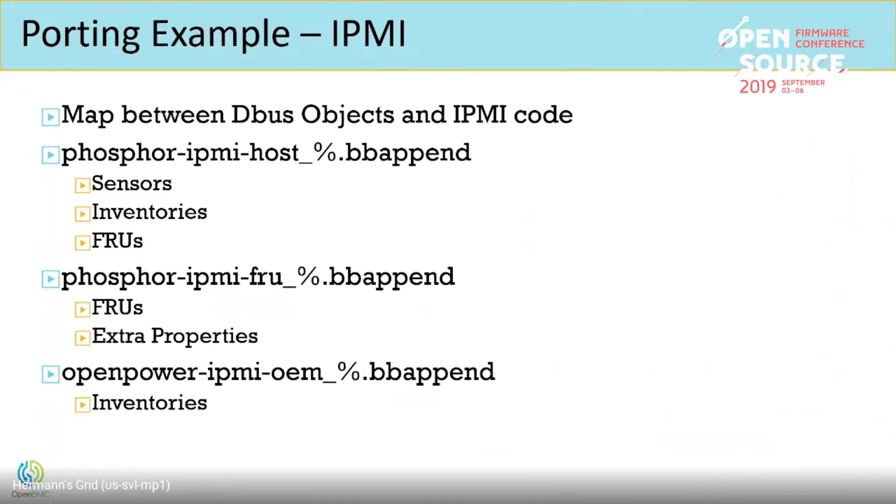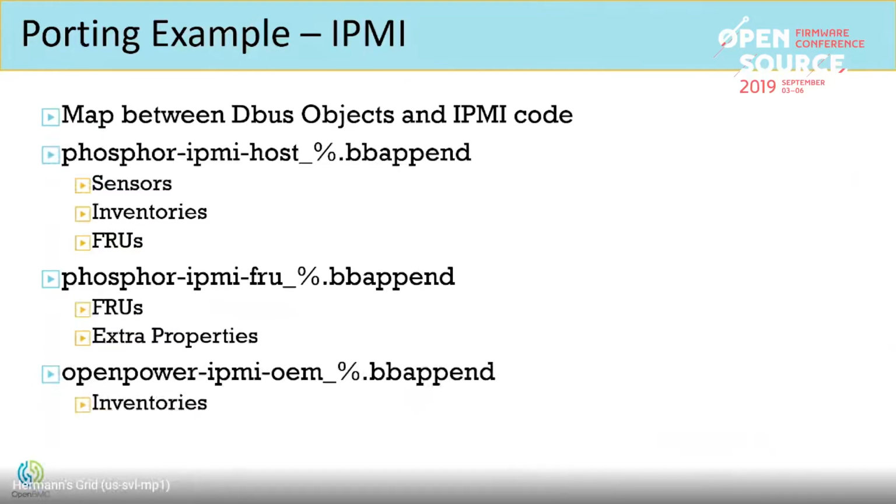The next one is phosphor IPMI FRU, which contains the FRUs and extra properties. This config defines the FRU ID to the inventories. And we have the IPMI OEM, which is for inventories. This is kind of complicated.